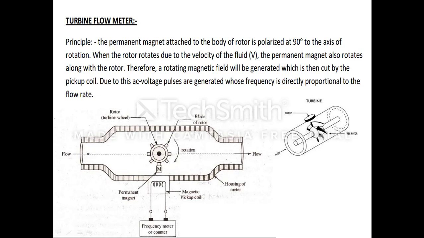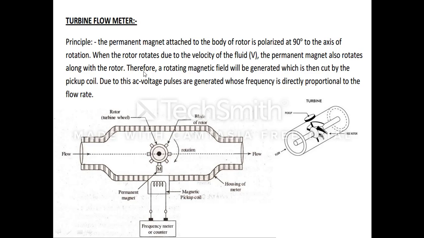Based on the rotation, the magnetic pickup coil directly generates an EMF and we get the count. Based on the count, we know how fast it is rotating. If it is rotating fast, the flow rate is higher. If the flow rate is lower, the turbine rotates at very slow speed. Here we are using it as a counter.